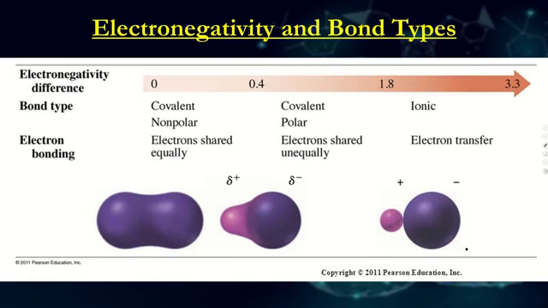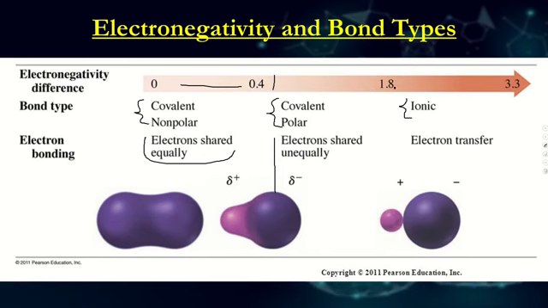If we put this on a chart now that we know what covalent polar compounds are, and compare that to covalent nonpolar, and then compare that to ionic, this is the kind of chart we're looking at. From 0 to about 0.4, most of these covalent compounds are nonpolar, so electrons will be equally shared.